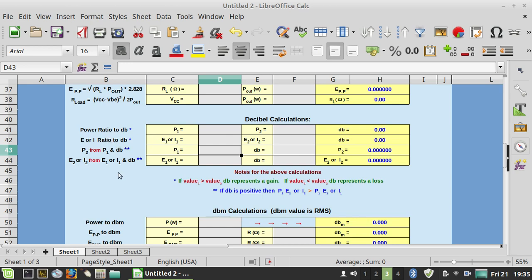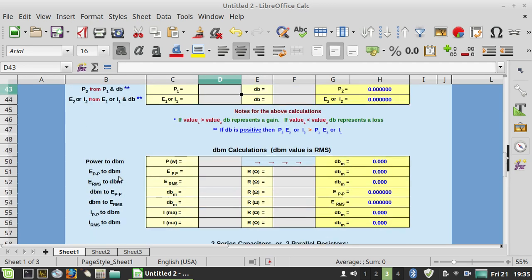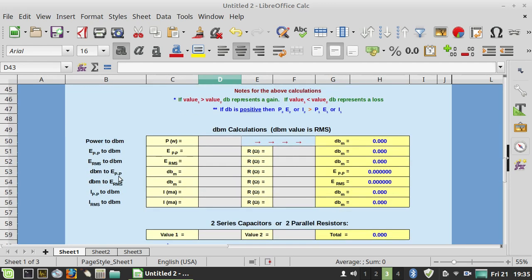Anyway, that's dB calculations. Next section, dBm calculations. Power to dBm, peak to dBm. I'll give you an example of where this is useful. The last transceiver I designed and prototyped, I needed a local oscillator output that would provide a minimum of minus 25 dBm to the input of the Gilbert cell mixer chip.